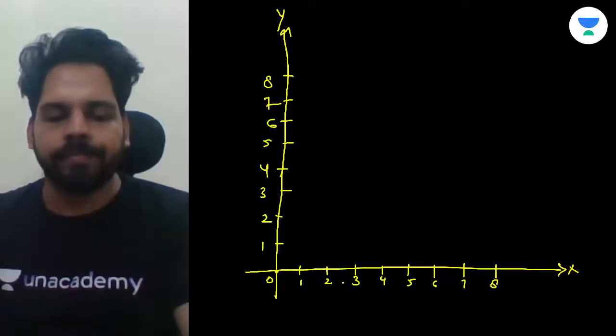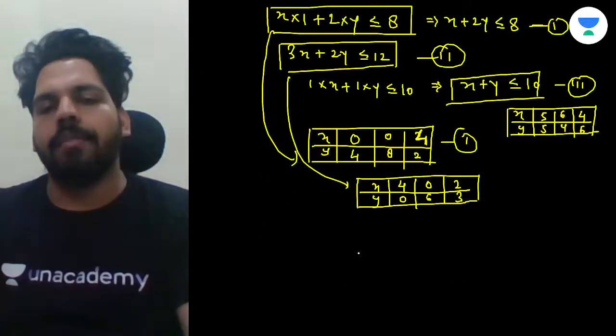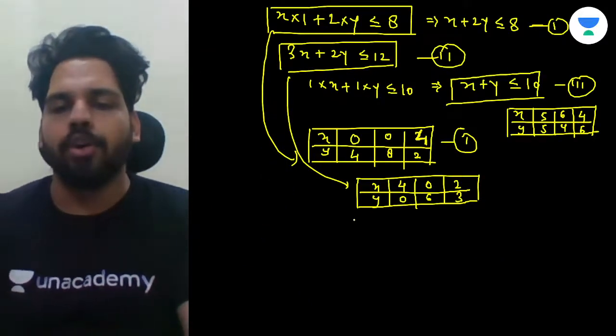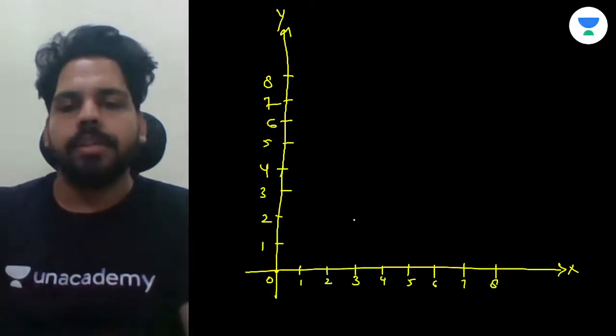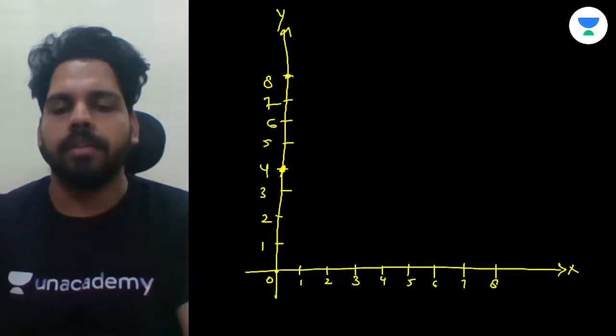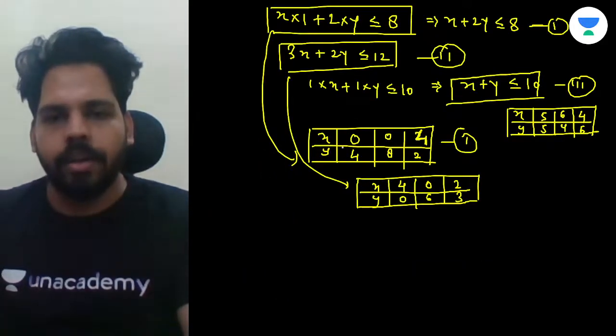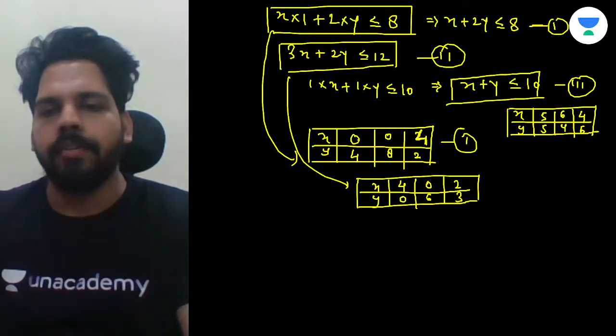So here we go. First point, we are taking the very first equation, 0 comma 4 and 0 comma 8. 0 comma 4, that means this point. 0 comma 8, that means this point. This is not possible. I think we made some mistake over here. As x we have taken 0, y will be 4, that's fine.